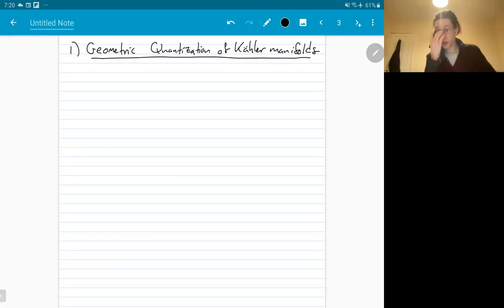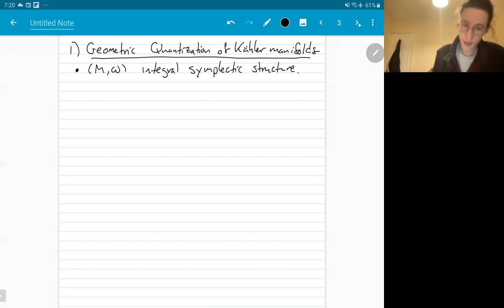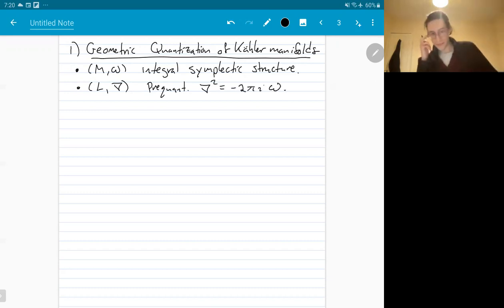Okay, so how does this work? Let's start with (M, ω), an integral symplectic form. Because it's integral, we can choose a pre-quantization. So it's a line bundle with a connection, and it has the property that the curvature is given exactly by this symplectic form. Now we want to quantize this.